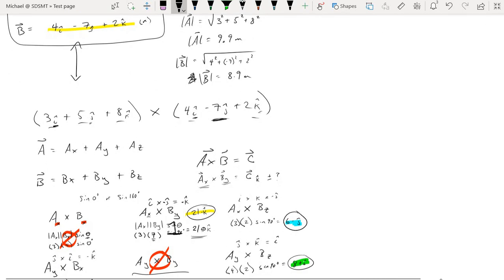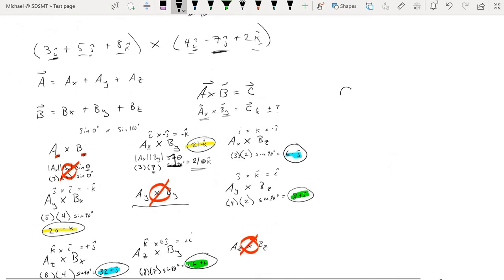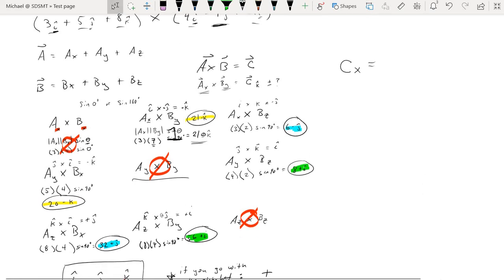So the x component of vector c can be found by combining the I hat results from all of our cross products. And we have a 56 positive I hat and an 8 positive I hat, which will result in, what is that, positive 64.